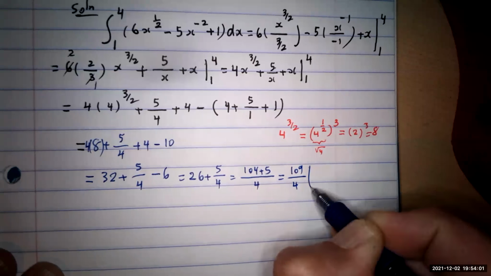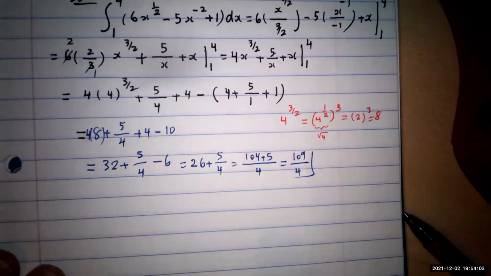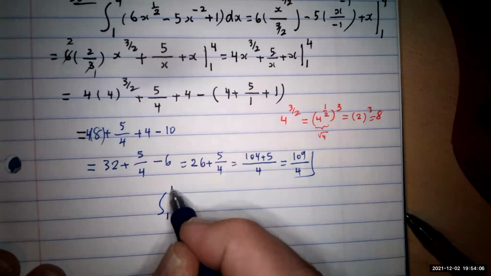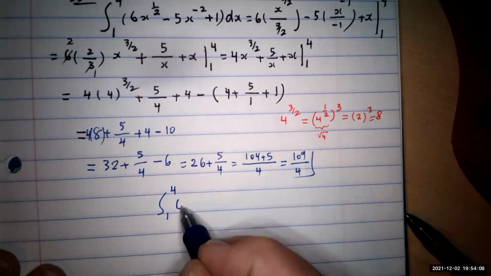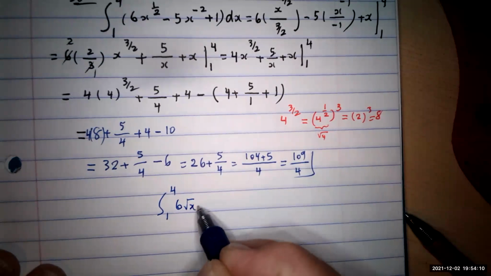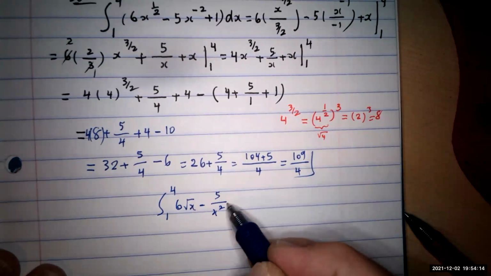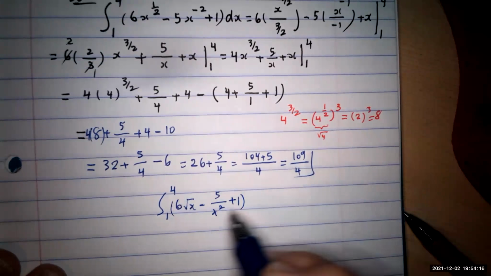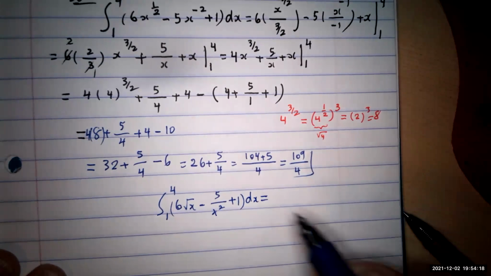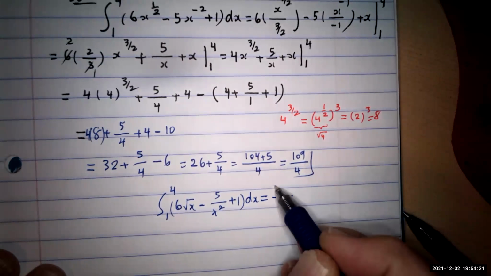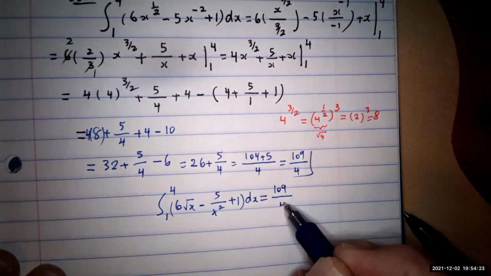109 over 4. So the integral from 1 to 4, the original one, 6 radical x minus 5 over x squared plus 1 dx, is equal to 109 over 4.